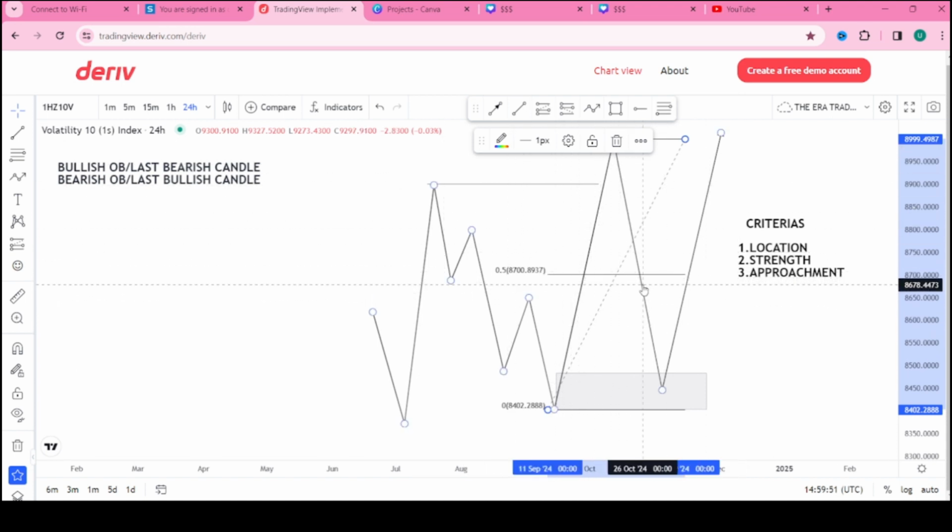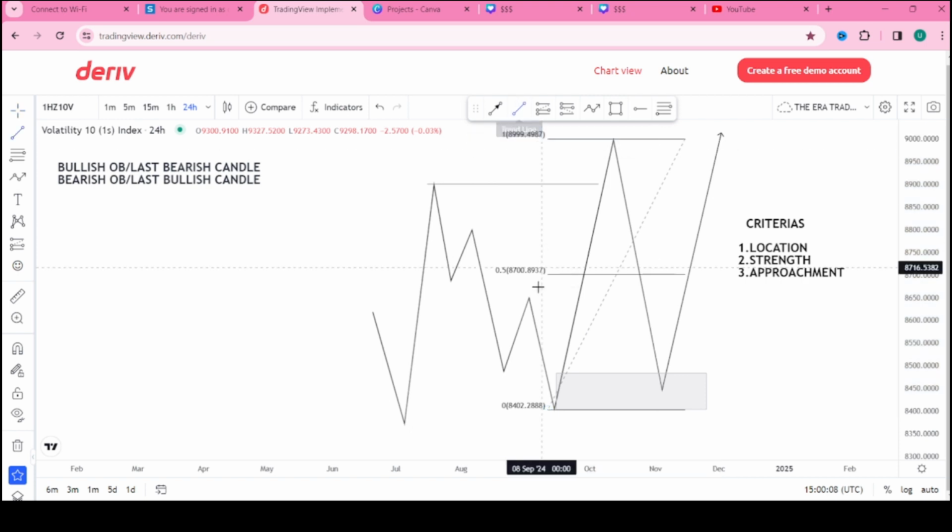From that 50% downwards is your discount, and from there you can take your order block. So one thing to consider is the location, and also the strength of the move, which depends on how many times it broke structure.